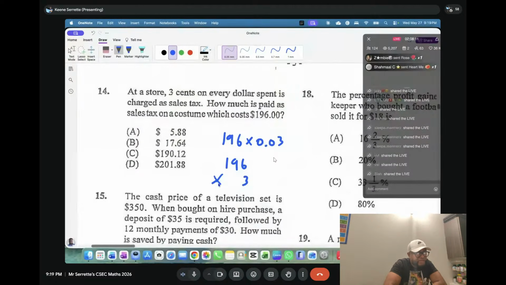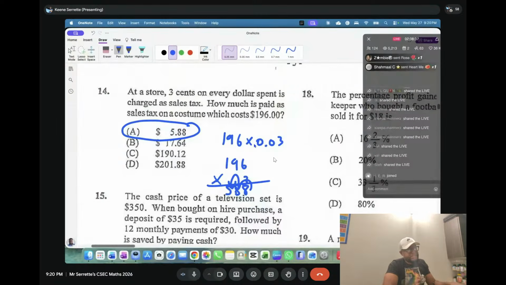Then you put back the 2 decimal places. 196 multiplied by 3 is 588. Put back the 2 decimal places: 5.88. That is the sales tax they are asking us for. Everybody clear there? It's just the sales tax they are asking us for.